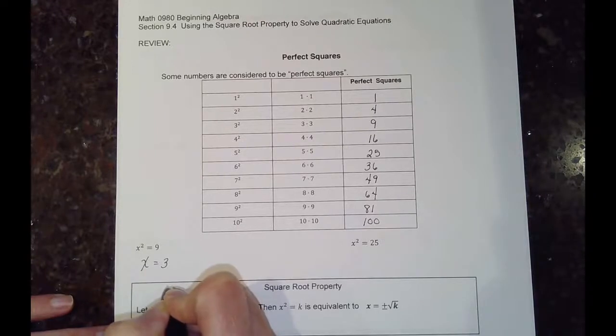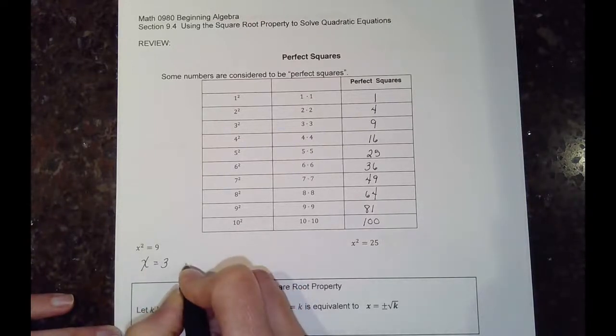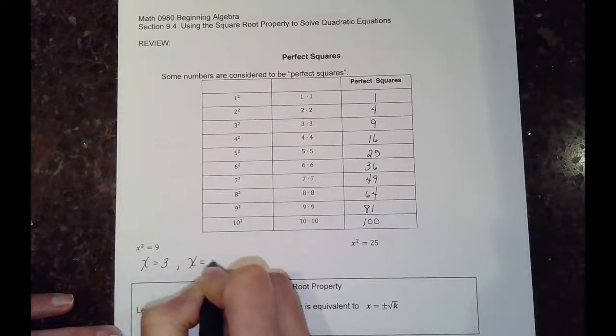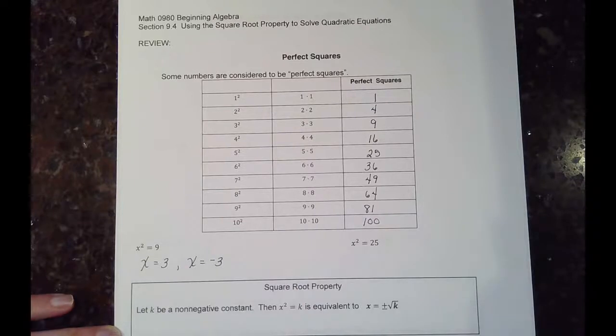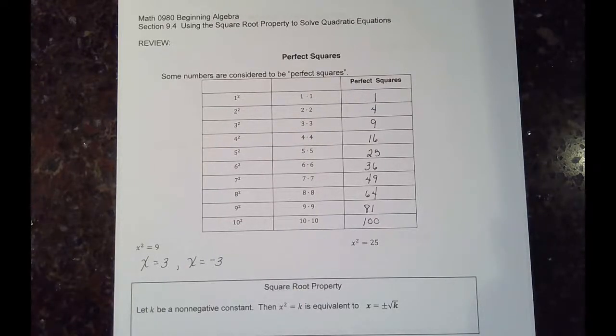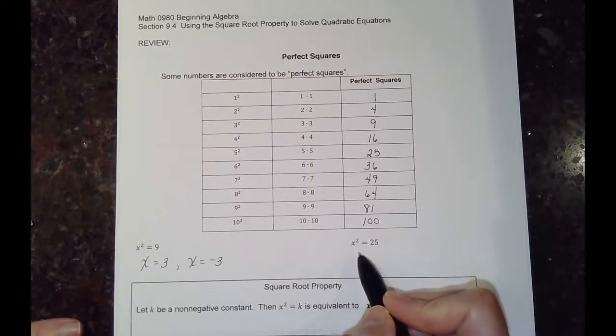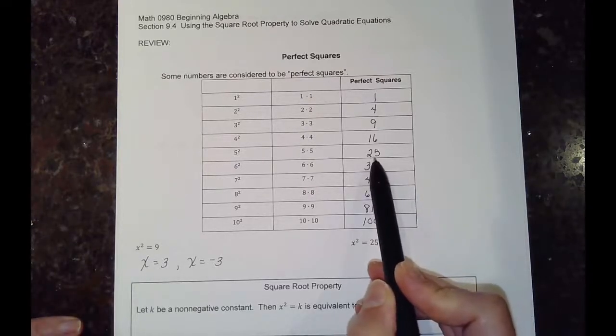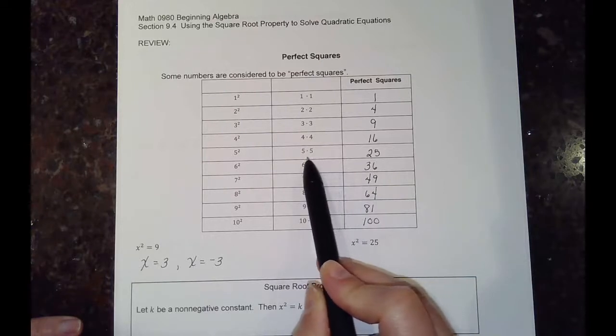But isn't there another number when we square it that will give us 9? Is it negative 3 times negative 3 equal 9? Yeah. So this is something that we have to think about when we use our calculators to solve these. Now, I bet you guys can tell me one of the numbers such that when I square it, this is the number that's been squared to give me 25.